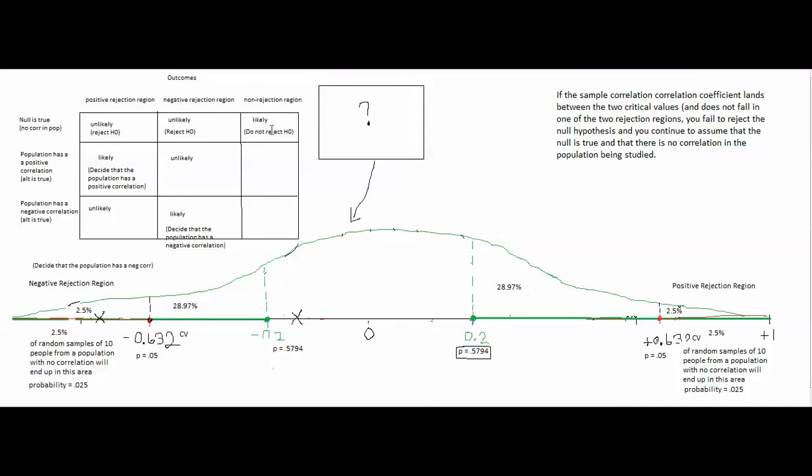If you get an outcome that's unlikely to happen when the null is true, you do reject the null, and then you decide between one of the other two possibilities. So for outcomes out here, we decide that the population has a positive correlation.